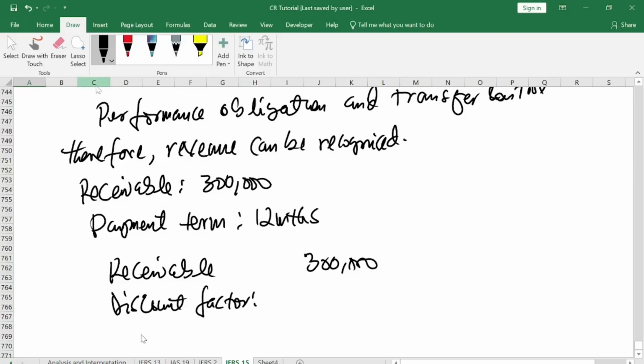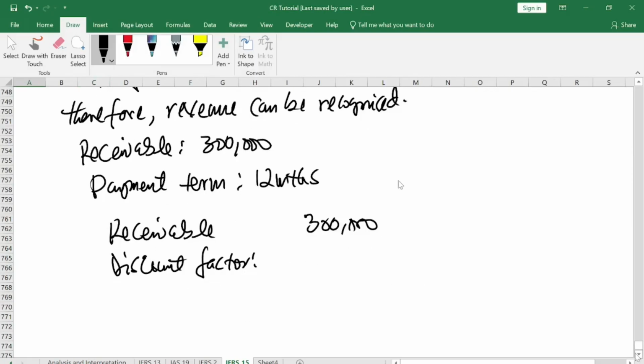The formula is (1 plus r) to the power of negative n. So you will have the bracket 1 plus the cost of capital of 10%, which is 0.1, to the power of negative 1, because they say the payment will be done in one accounting year. So how do we do that?